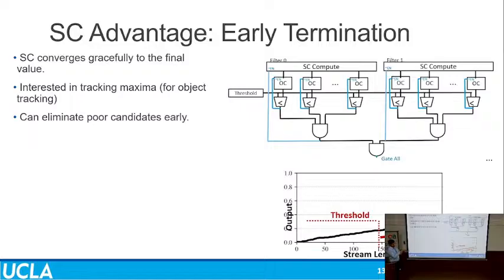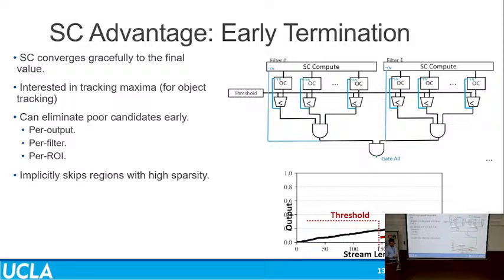So if a certain value is much, much larger than the others, you can terminate everything else because you kind of know where the maximum is at this point. So you can terminate per output, per filter, per region of interest, etc., and it implicitly skips regions with high sparsity. So we get about a factor of 2 latency reduction if you have about 98% sparsity in the input or the weights. Yes?